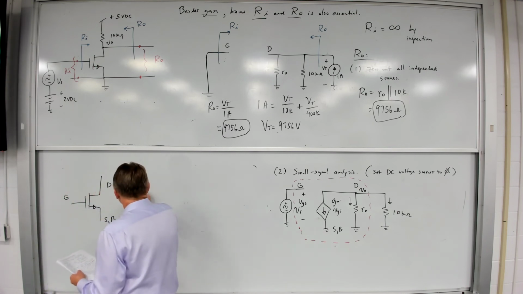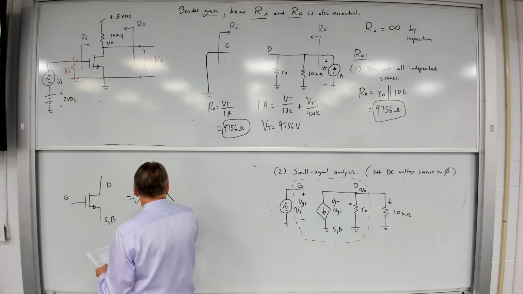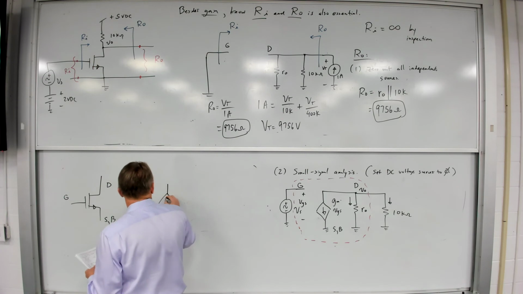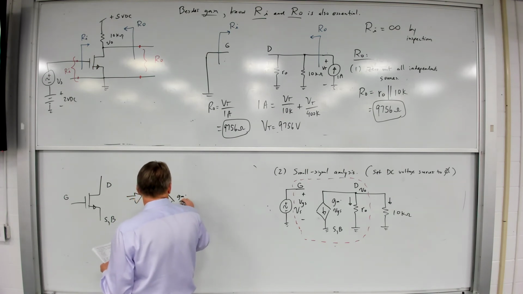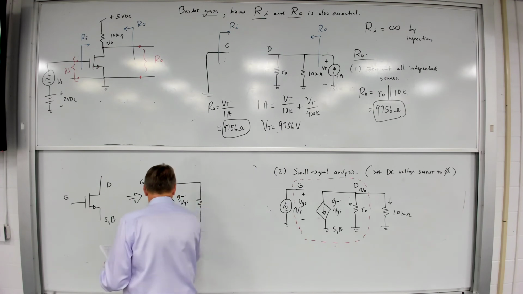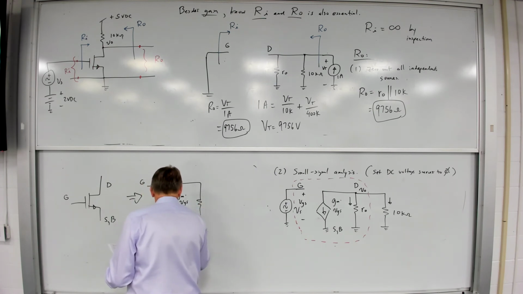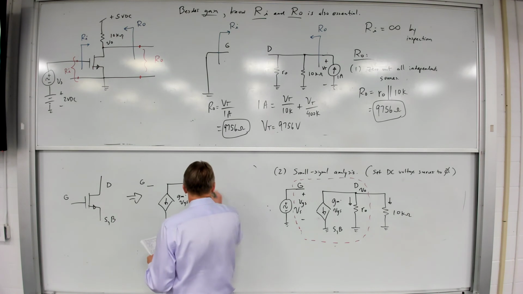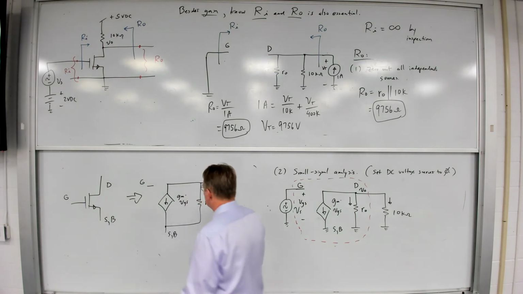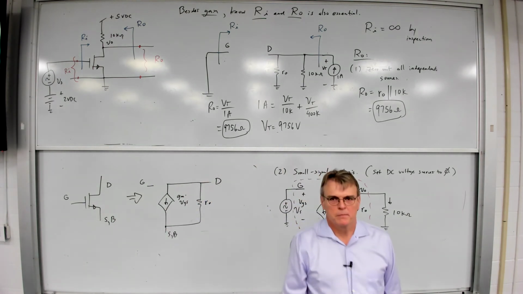So when we go over to this small signal model, we're just doing this. Here's our gate terminal. Here's GM times VGS. Here's my source and bulk terminal. Here's R sub O. Here's the drain. So we're going to use this very simple model.